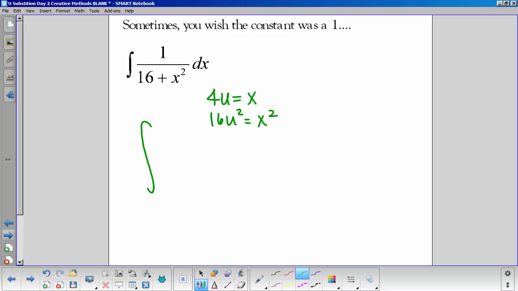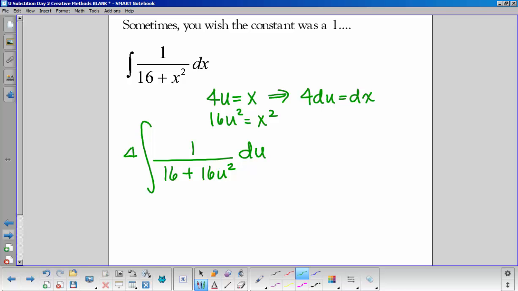So far in the integrand, what have I replaced? This is 16 plus 16u squared, but now I have to replace the dx. So I need to take the derivative of this. What is the derivative of 4u? 4 du equals dx. So wherever I see the dx, I'm going to put a 4 du. I'm going to bring this out in front.